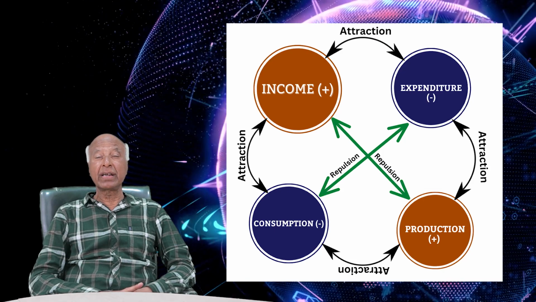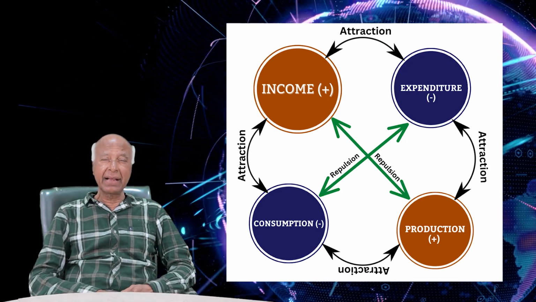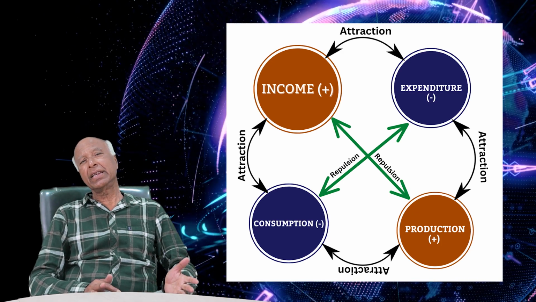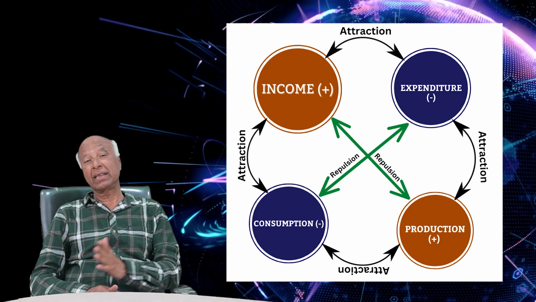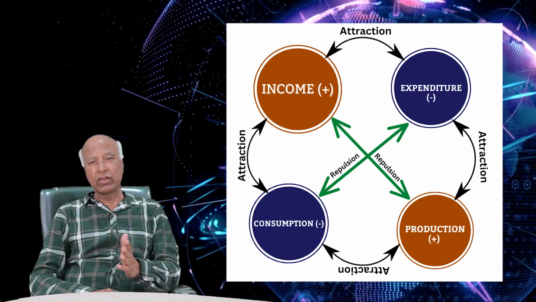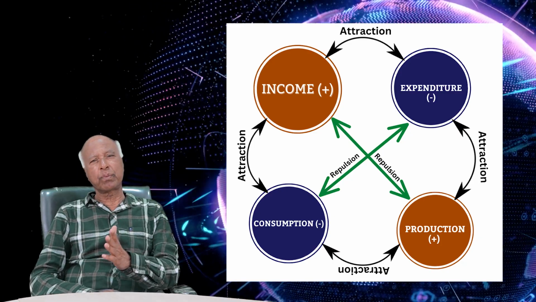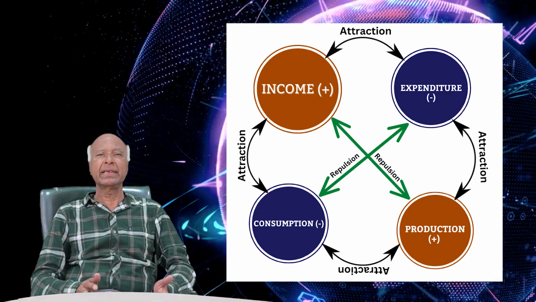So production naturally is plus, since the selling price is what the producer earns, the way the consumer gets income, in a similar way the producer gets the selling price.